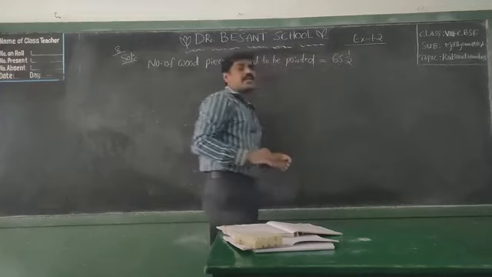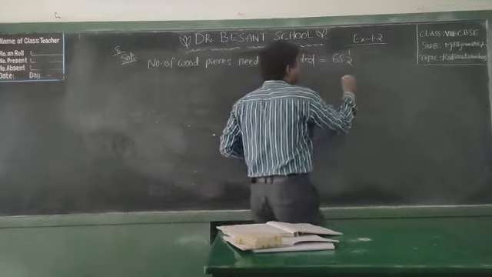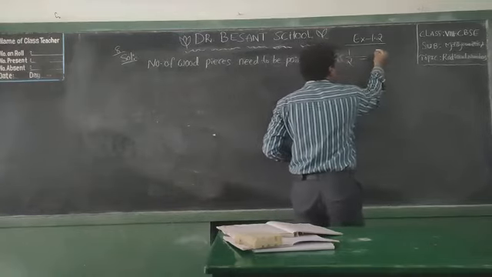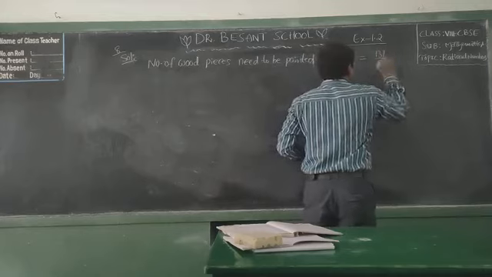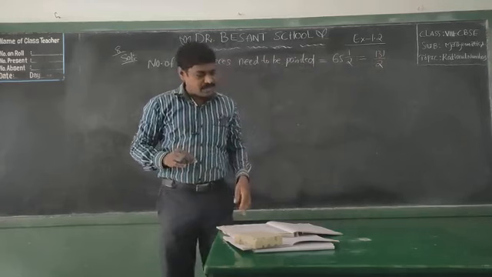So that's why 65 twos are 130, 130 plus 1, 131/2. So 131/2 pieces. Okay, next.